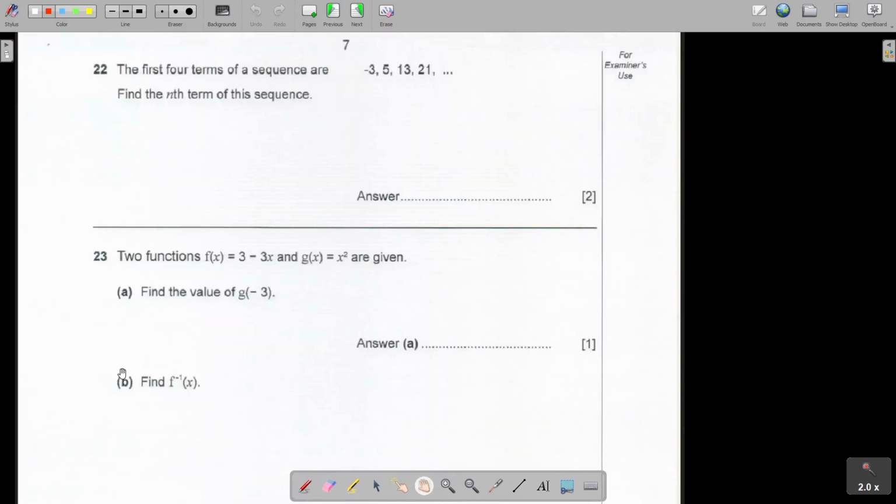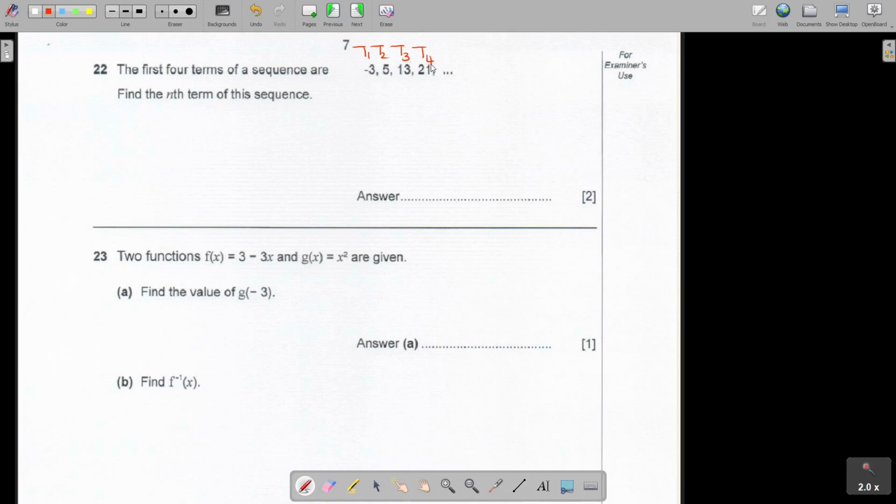Let's start with question number 22. The first 4 terms of a sequence are given. Find the nth term of the sequence. So this is the first term, this is the second term, this is the third term, this is the fourth term.